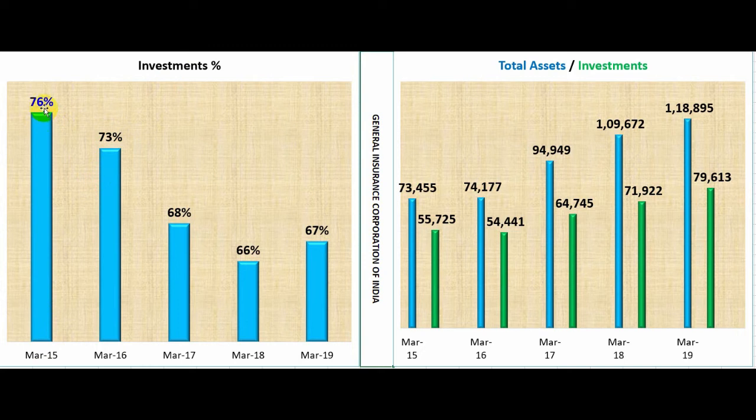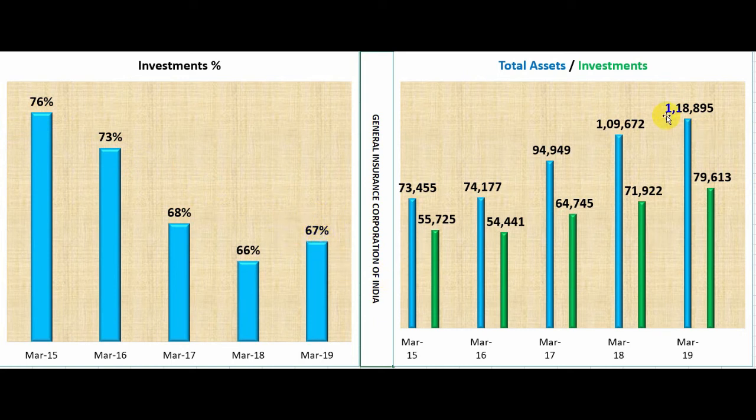It takes policyholders' money and invests in market linked securities, debentures, government bonds, or whatever source of investments it has. That investment percentage of total assets has been declining from 76% to 67%. The drop is not that substantial, but most of the balance sheet is in the investment portion.